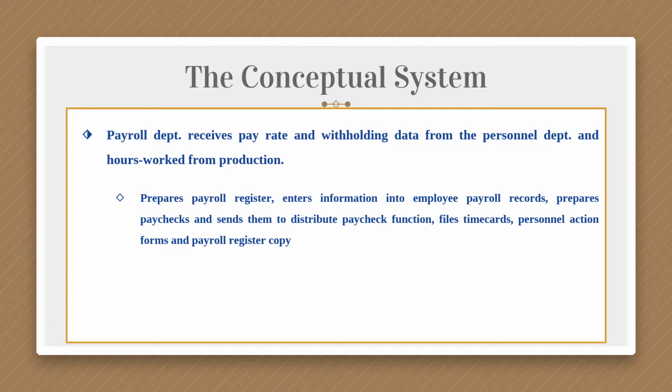And here normally they will send paychecks in total amount. Then they will file time cards, personnel action forms, and a payroll register copy for future use, which is also considered one of the internal control system's proper documentation.